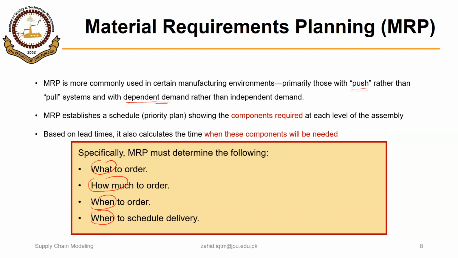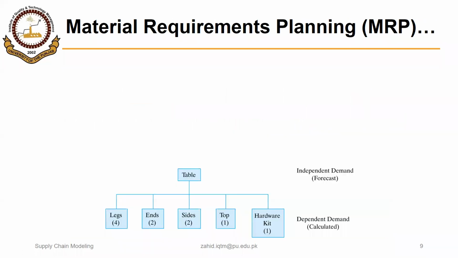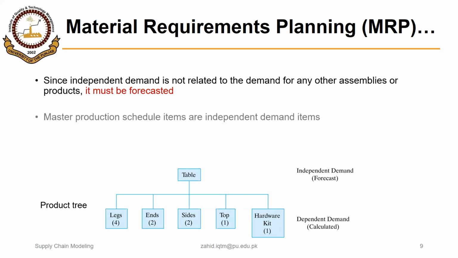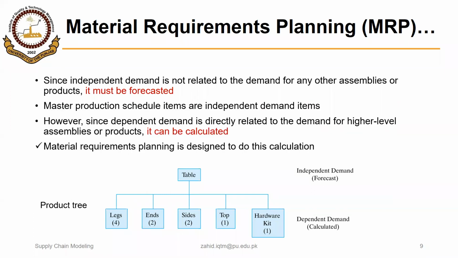So MRP is one of the inventory management approaches. And as we have mentioned in this slide, it focuses on dependent demand. There are other approaches to inventory management as well that we will discuss in our module on inventory management. We have already discussed this point that independent demand is the demand that is not related to the demand of any other assemblies or products.